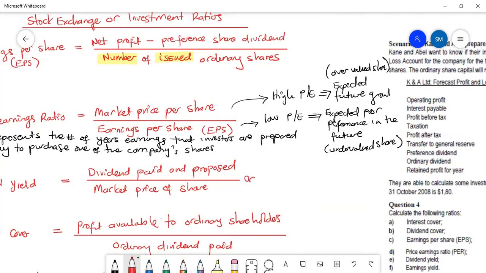You can say it is the declared rate of dividend times the nominal value of ordinary shares, all over the market price of ordinary shares.